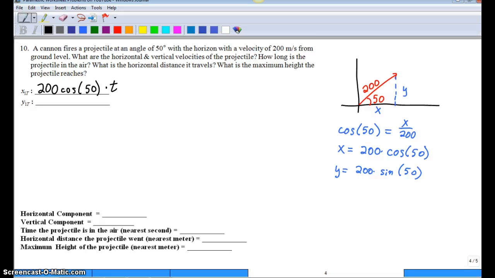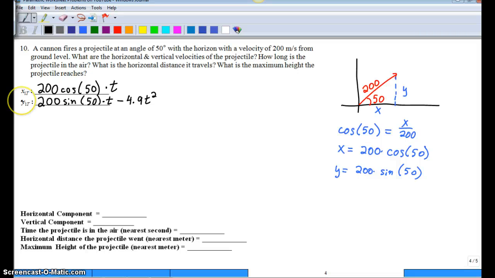Gravity is straight up and down. So we're done with our x1. The y1 starts out 200 sine of 50 times t, and then we have our gravity, 4.9 t squared. And we need to look and see if there's any indication of a starting height. Since there's not, you just assume that it was fired off from the ground.